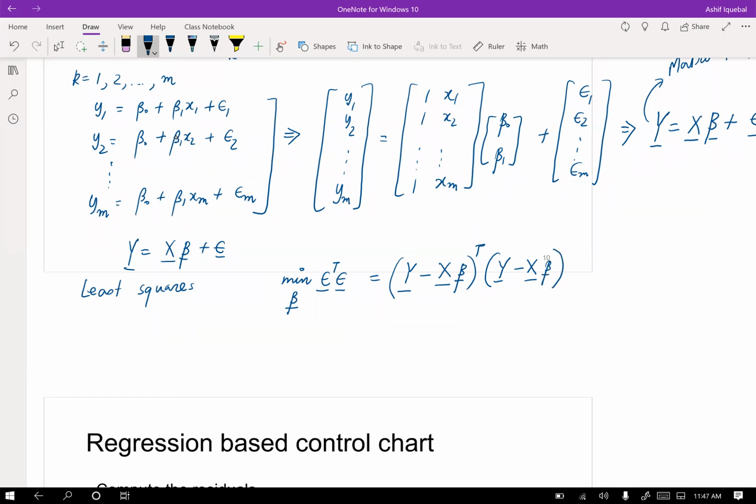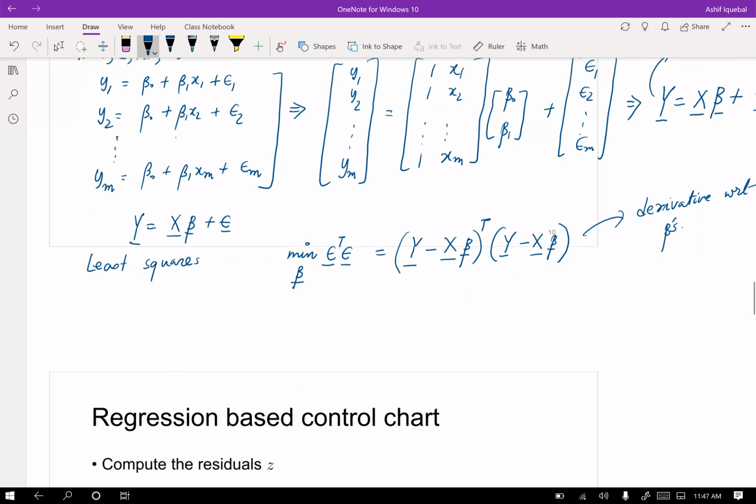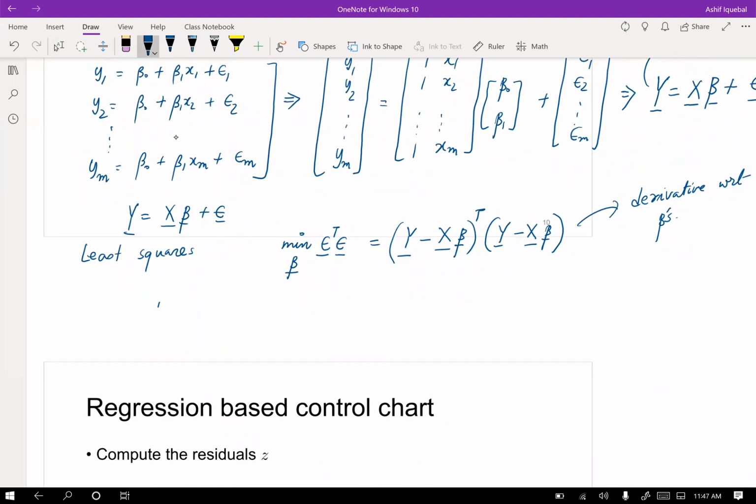Once you minimize this, you can just take the derivative with respect to betas and then equate it to 0. You can do this later on. Once you do that, you can find the optimal values of beta. So once you minimize this expression, you will get beta hat, which is under bar because there are multiple values of beta, equal to x transpose x, inverse, times x transpose y.